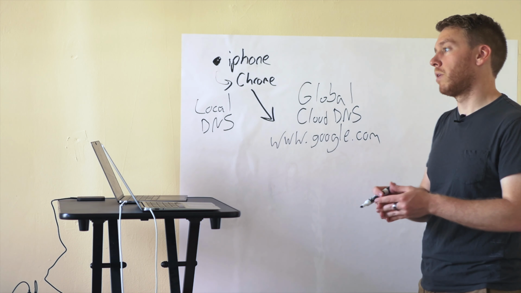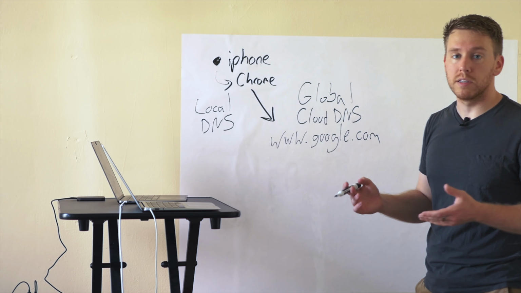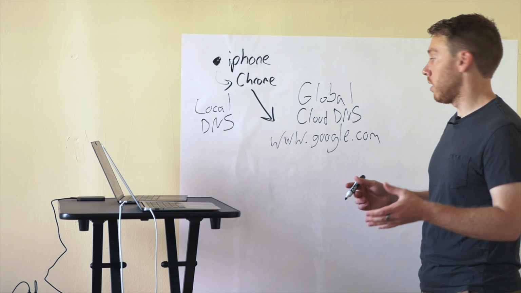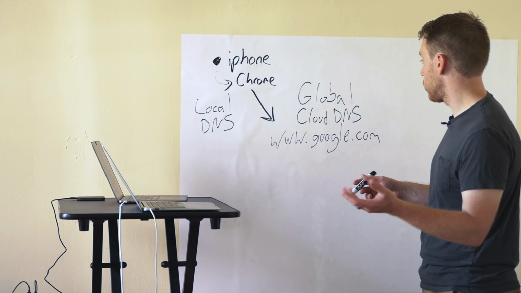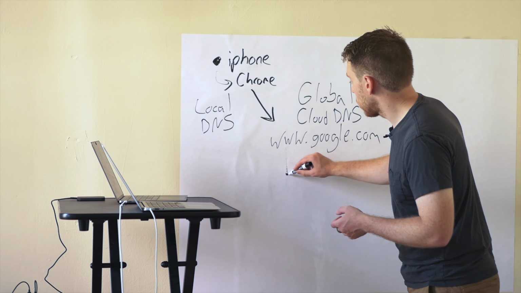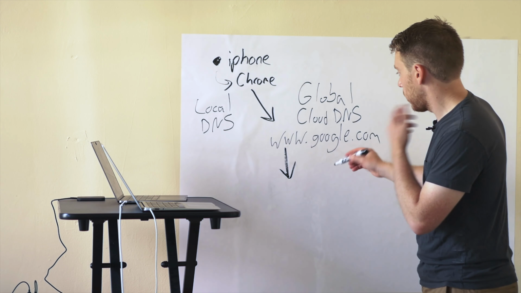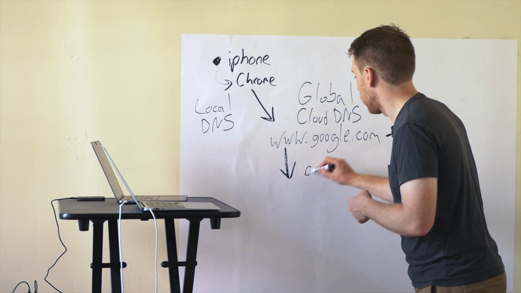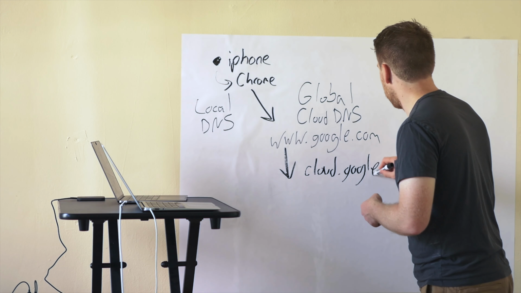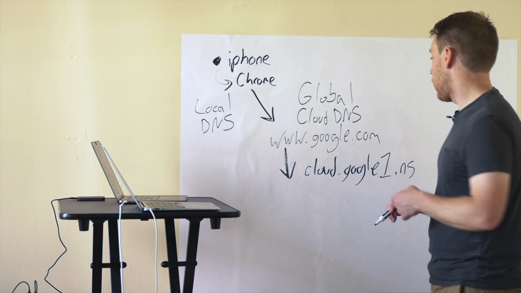The name servers could be put in place by DigitalOcean or by AWS or GCP, whoever's hosting the actual web service, the origin web service. So we might say, okay, we want to proxy this to the Google name servers, and I forget what those are, but it might be something like cloud.google 1.ns or something like that.